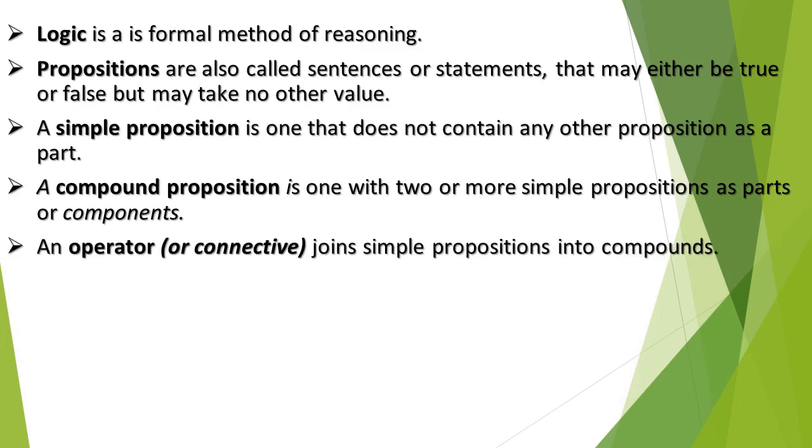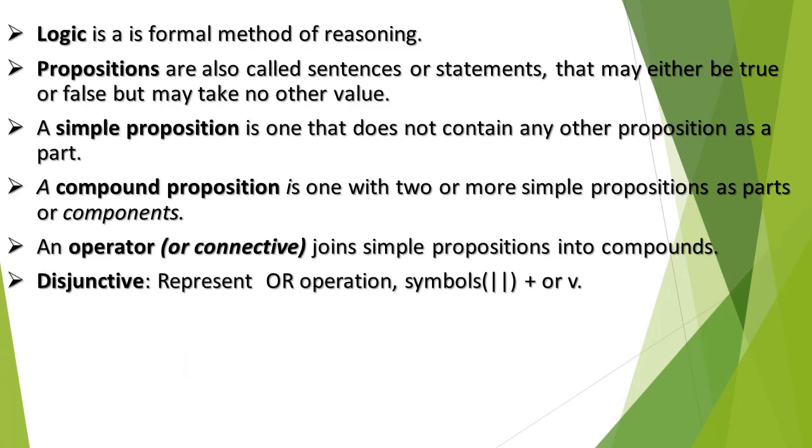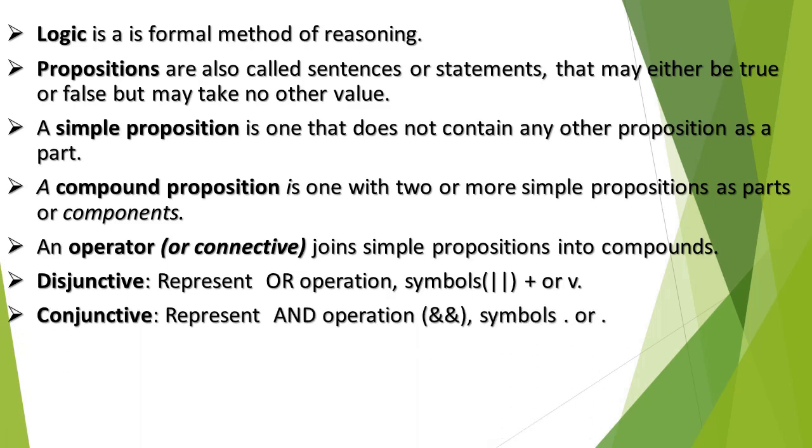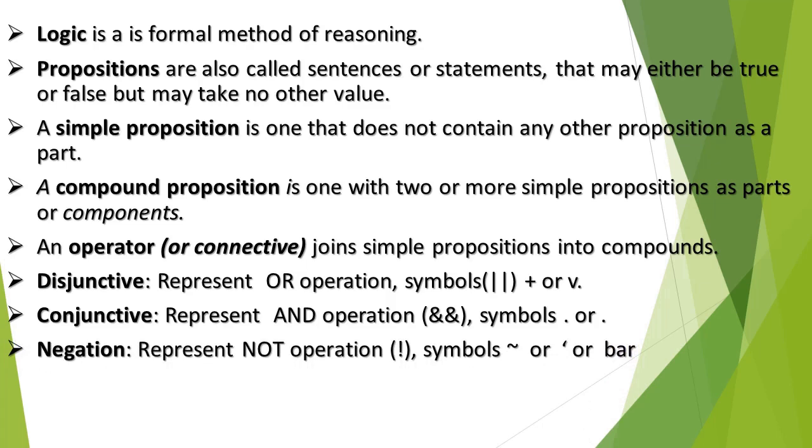Then we have learned different types of connectives which join simple propositions into compound propositions. Disjunctive, which represents OR operation with symbols plus or V. Conjunctive represents AND logical operation and is represented by symbol dot. Negation represents NOT operation represented by the complement sign.